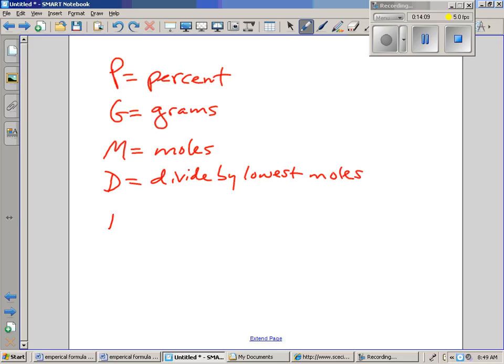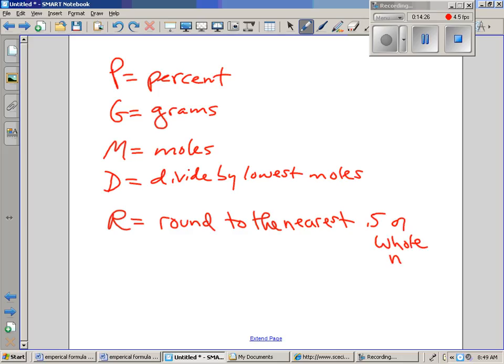And then the R is round to the nearest half, the nearest 0.5, which means it could be a whole number. So it's either going to end in a 0 or 0.5, whatever it's closest to. So that's what this is.